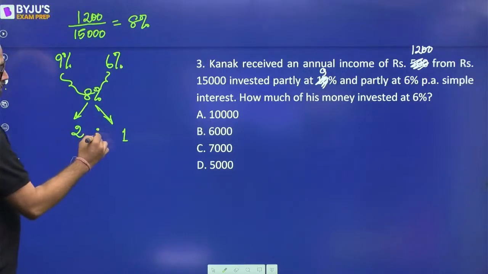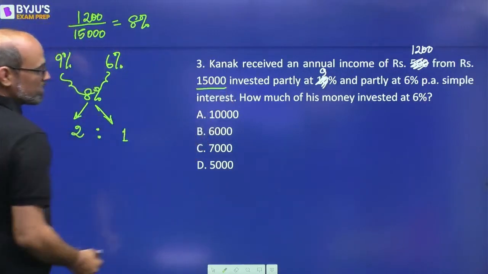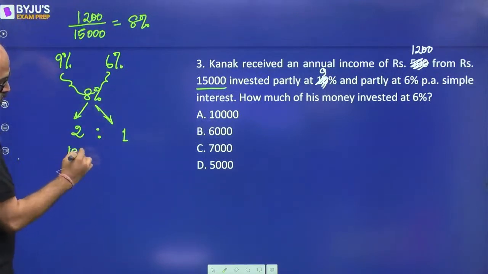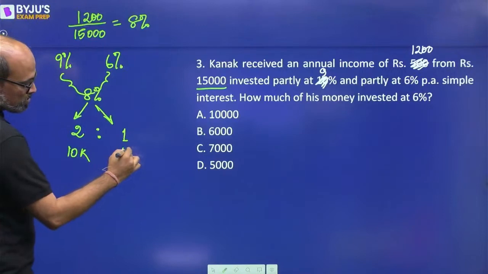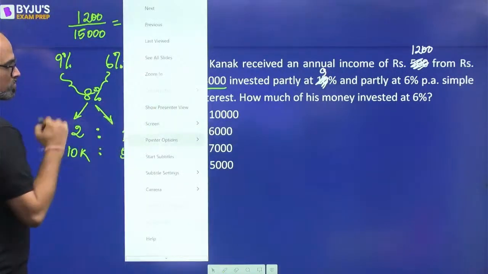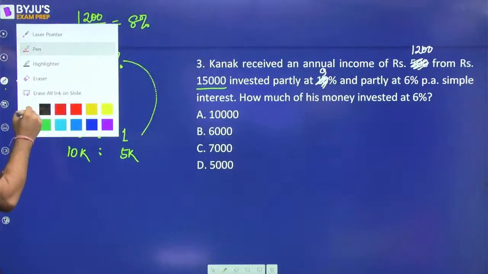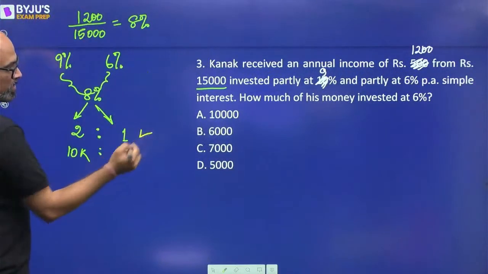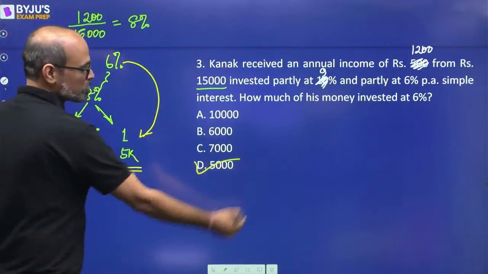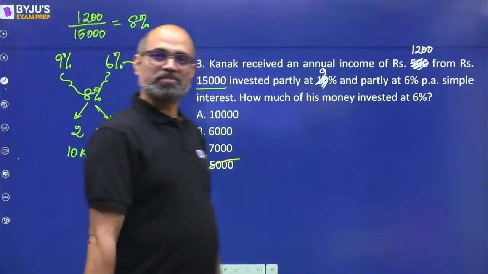So I have to divide this 15,000 in the ratio 2:1. If I divide 15,000 in the ratio 2:1, this is going to be 10,000 and this is going to be 5,000. So at 6% per annum, the amount invested is 5,000 rupees. So at least one option matches.